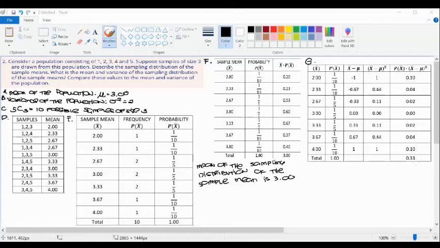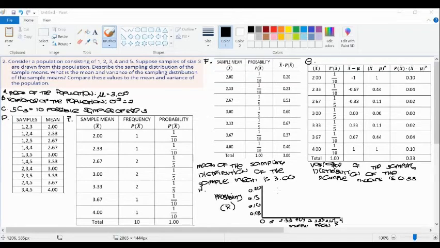So next step, we're going to construct again a histogram. The sample mean will be placed on the x-axis, or the horizontal line, while the probability of the sample mean will be placed on the y-axis, which is the vertical line. Okay, for the sample mean of 2, there will be a probability of 0.10, same as 2.33.